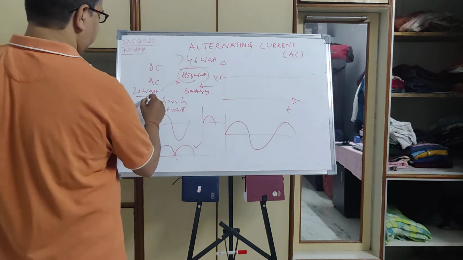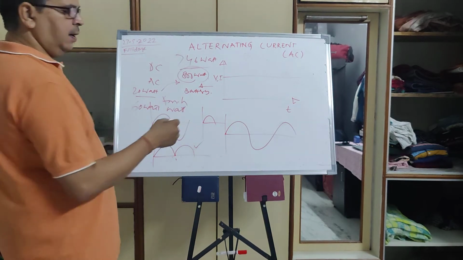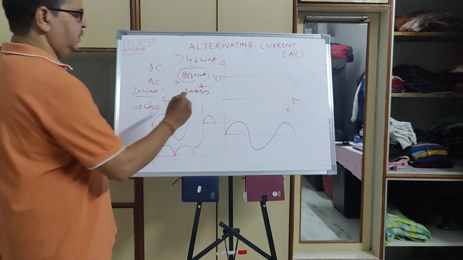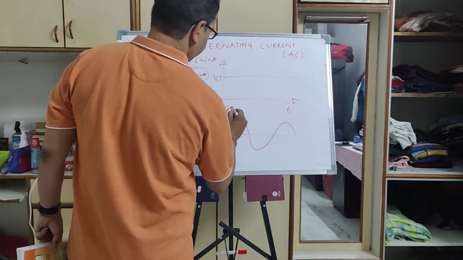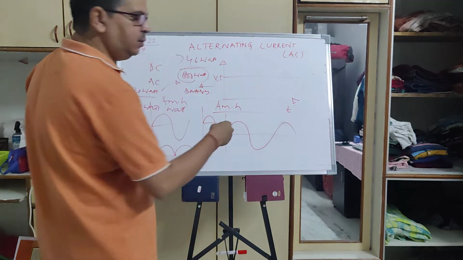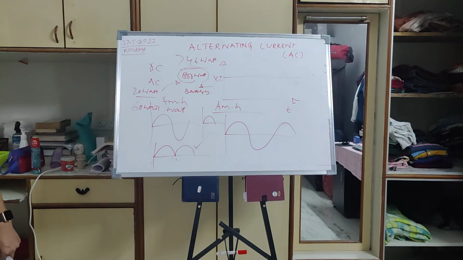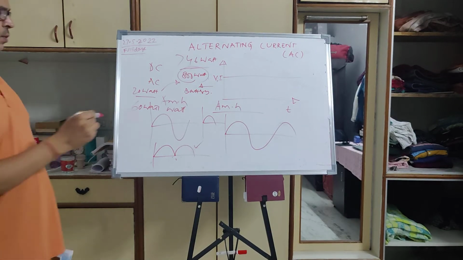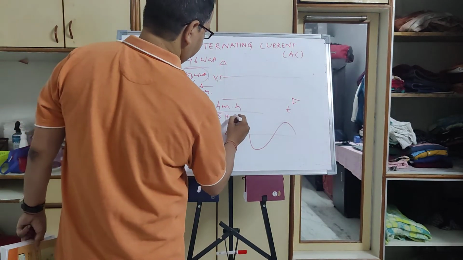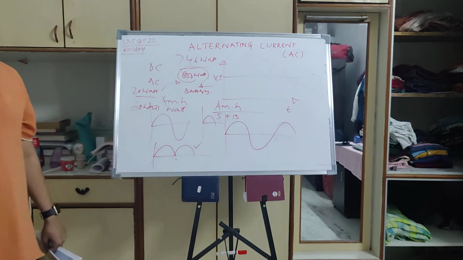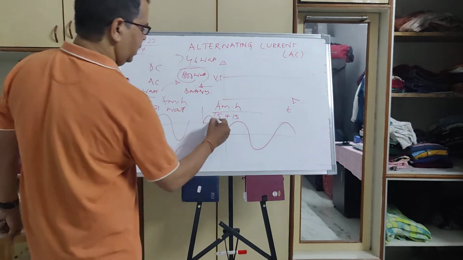So what does ampere hour mean? It is ampere hour divided by the total amperage you are consuming. In your house something will be 5 ampere, something will be 15 ampere, like that. So you add them up and divide.